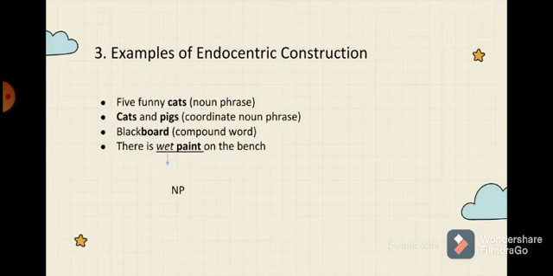Then, the word wet is an optional element and it can be removed without losing the basic meaning. So if we remove the word wet, it can be: there is paint on the bench. So let's continue to the examples of exocentric construction.